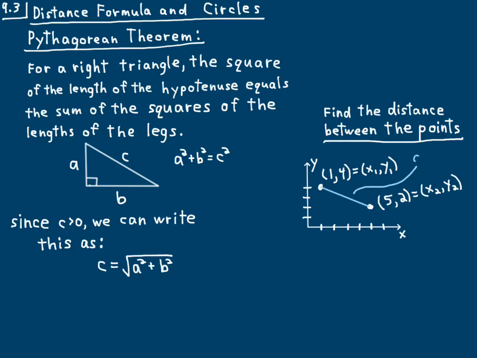Okay, so the length of that segment is the distance between the 2 points. Now, we can make a little right triangle like that. If the 2 points are horizontal from each other, you can't make a right triangle, but actually, the Pythagorean theorem still holds as long as you call the length of one of the sides 0, right?